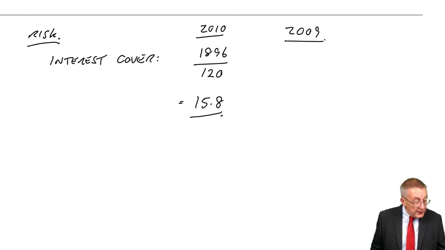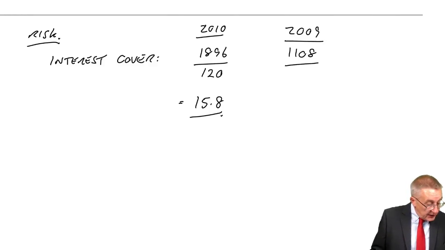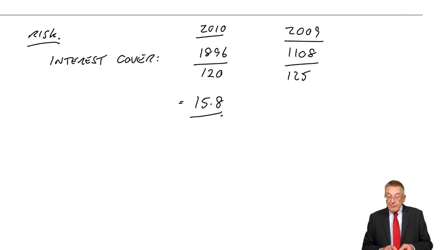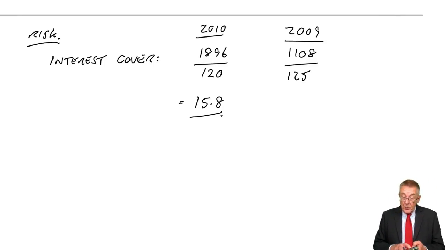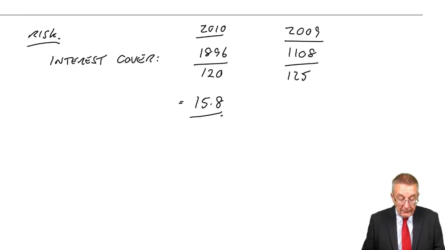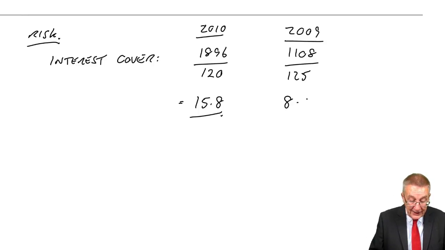Profit before interest, 1108. Interest last year, 125. 1108 divided by 125 is 8.86, 8.9.